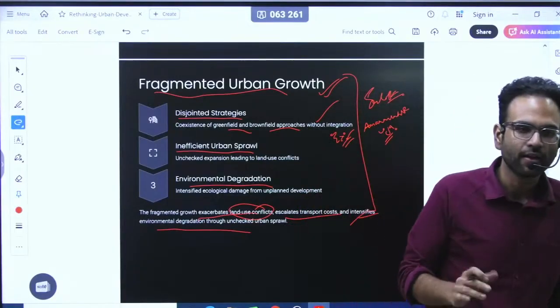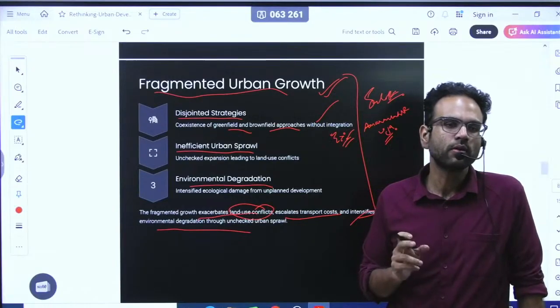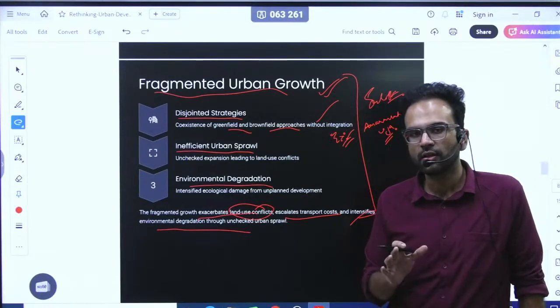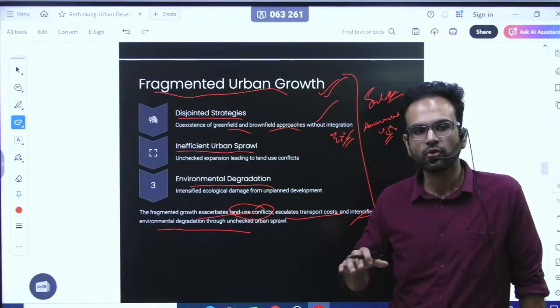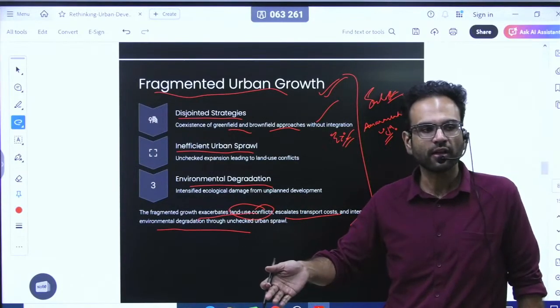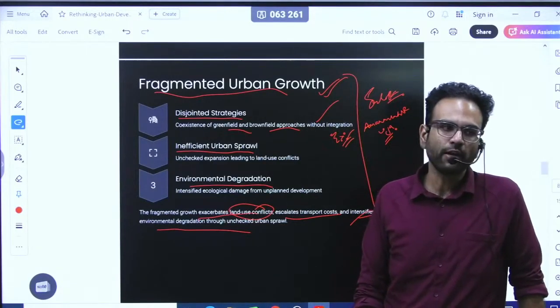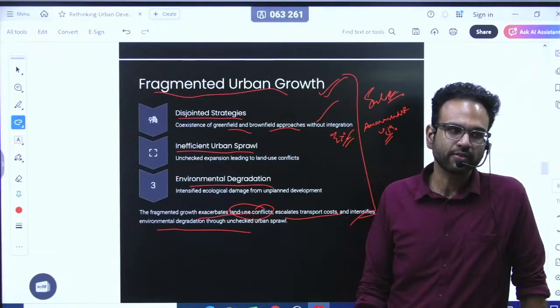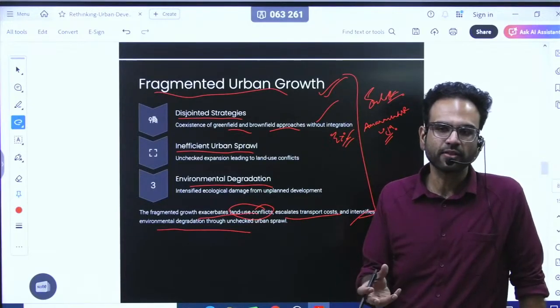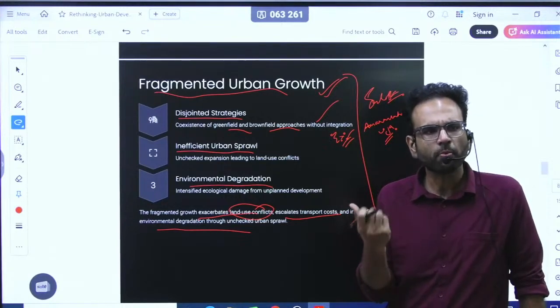Why? Climate change. It is no longer sustainable to urbanize on Jakarta. So Indonesia is literally abandoning Jakarta and moving to a new place, which is supposed to be a greenfield project where it is developing green spaces, blue spaces. Blue spaces means this concept of sponge city.